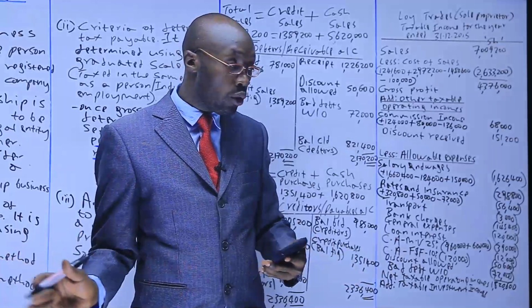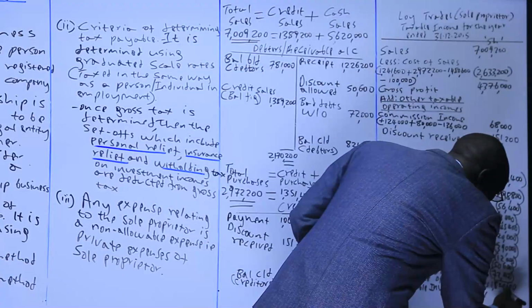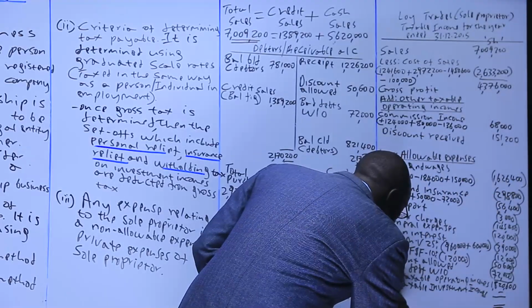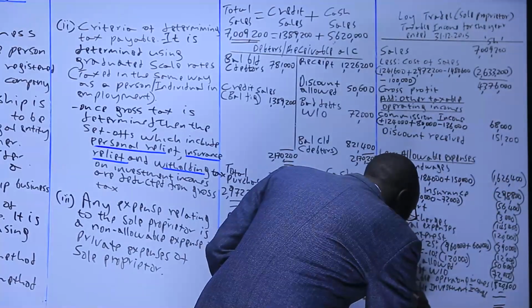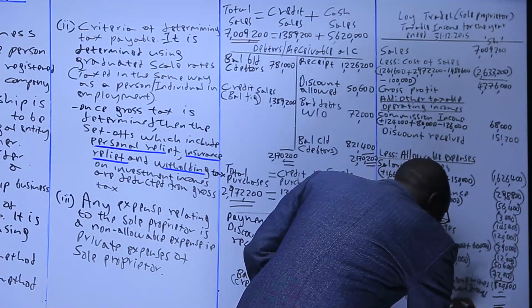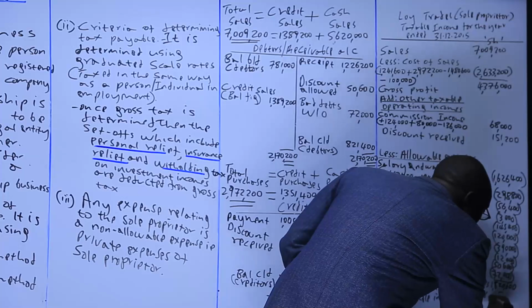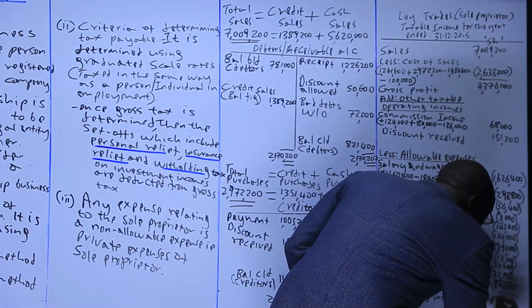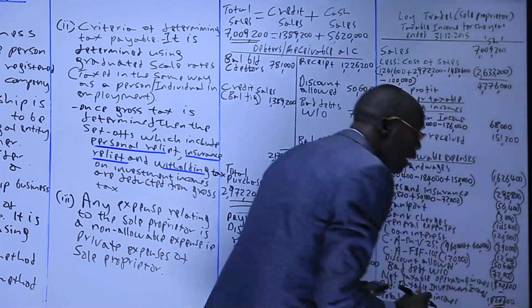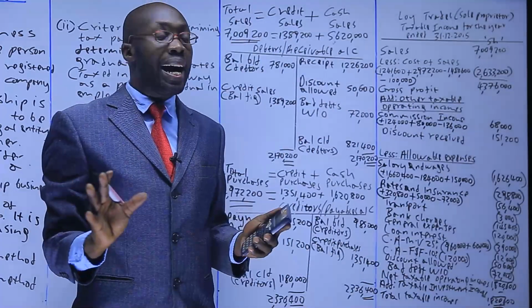But for this question, we don't have, so we would have a dash. And so we can now get total taxable income, which would be the same because the investment is 0, 1,826,000. And required number 1 ends there.